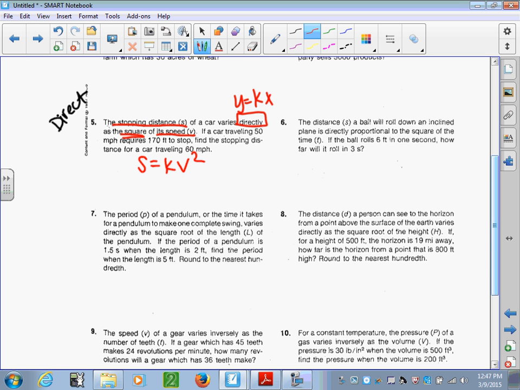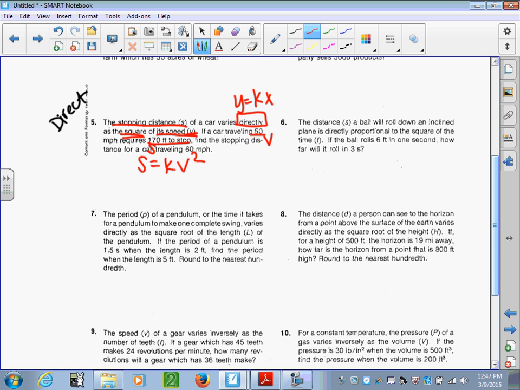If your car is traveling 50 miles per hour, that is its speed, which is v. Don't get these variables mixed up. I know speed maybe looks like s to you, but it's not. Speed is v. And it requires 170 feet to stop. Stopping distance is s.